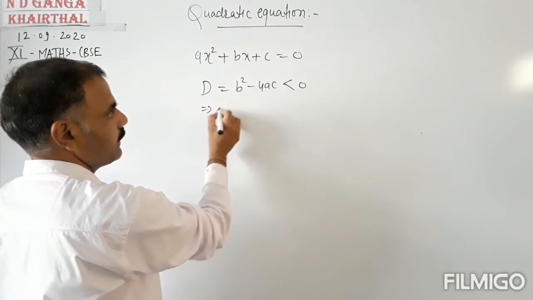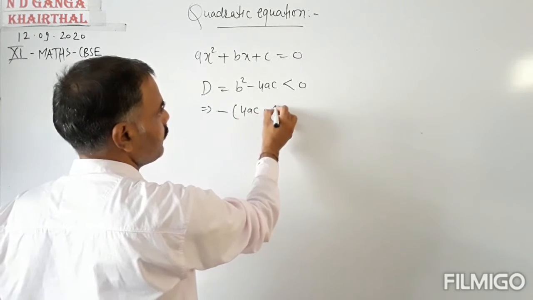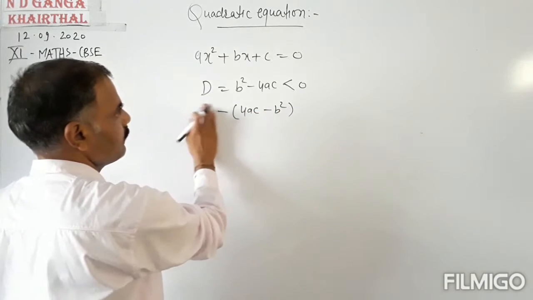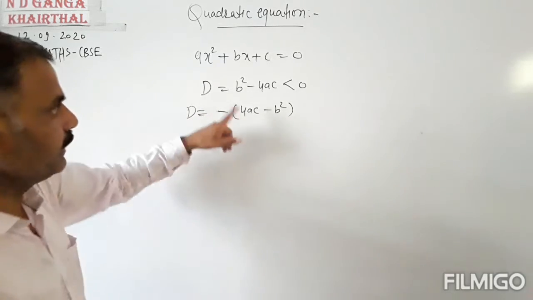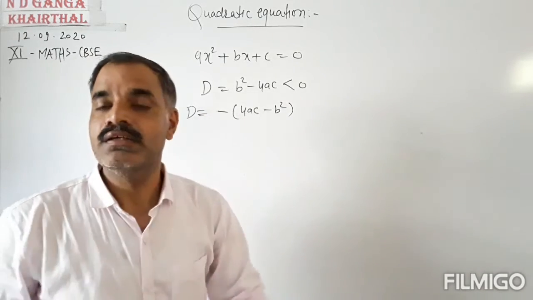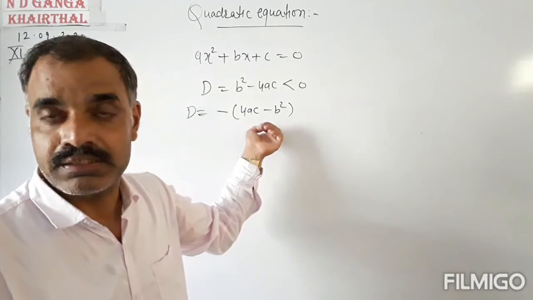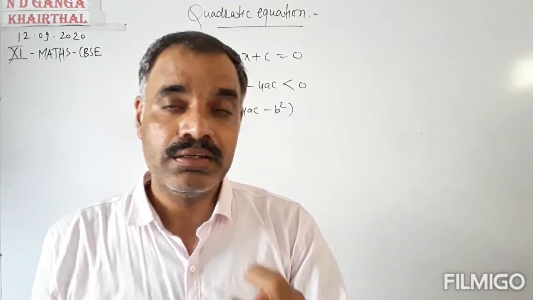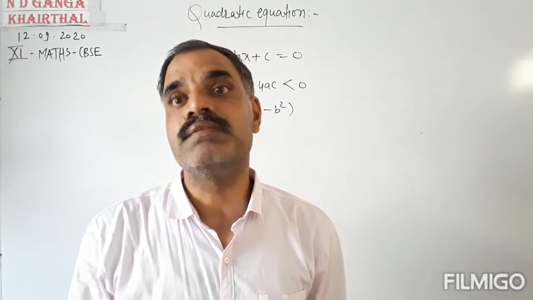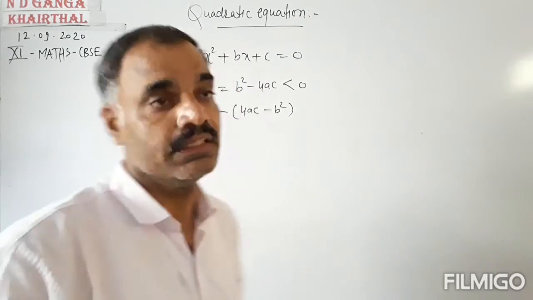Taking minus as common, D equals minus (4ac minus b square). The quantity inside the bracket is positive, but there is a negative sign outside the bracket, so D is less than 0. We will consider this case.